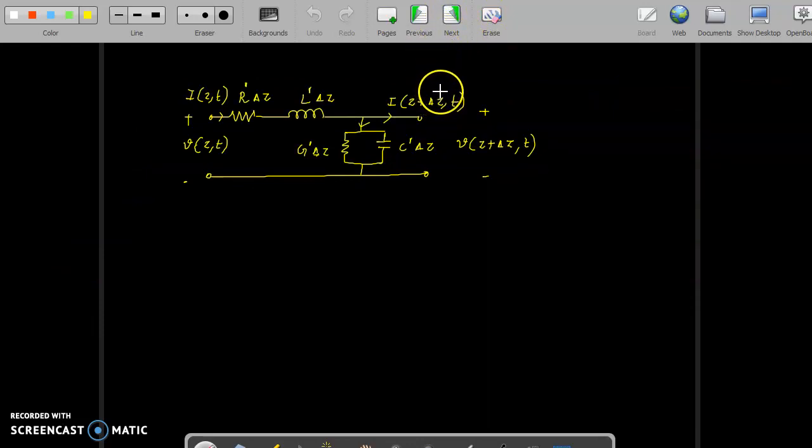Yes, here we can see this is our network model, and this is our source side or input side, and this is our output side or load side.